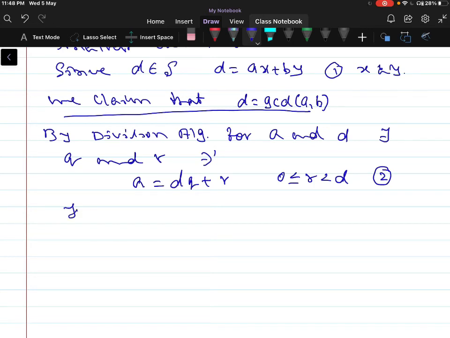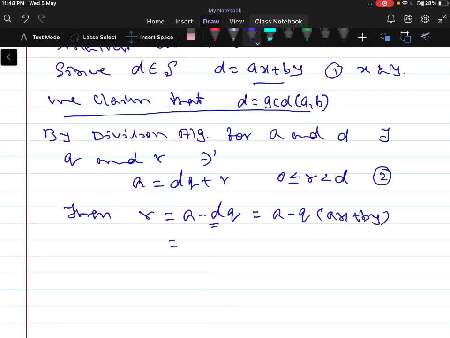Then r can be written as a minus d into q. This is equal to a minus q into, where d using equation 1, that is ax plus by.